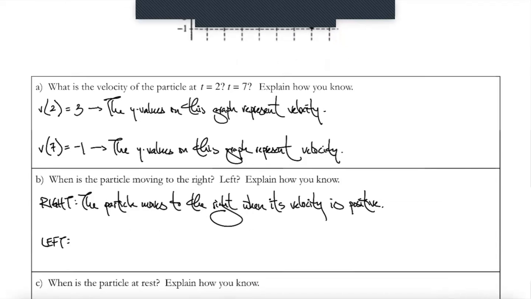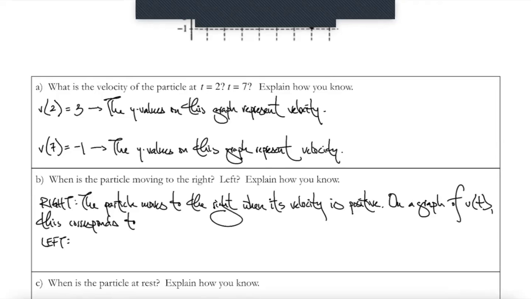So let's add that to this, okay? The particle moves to the right when its velocity is positive. On a graph of v of t, this corresponds to positive y values.